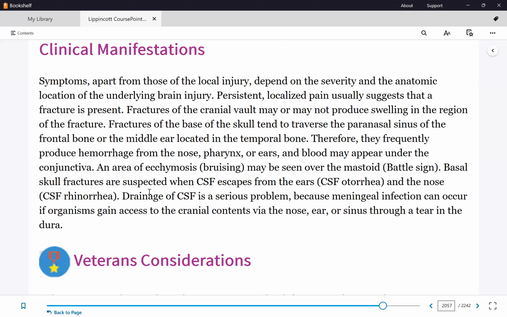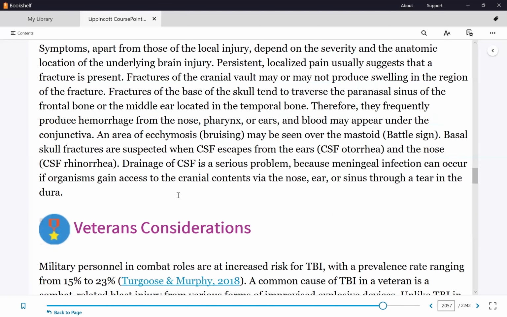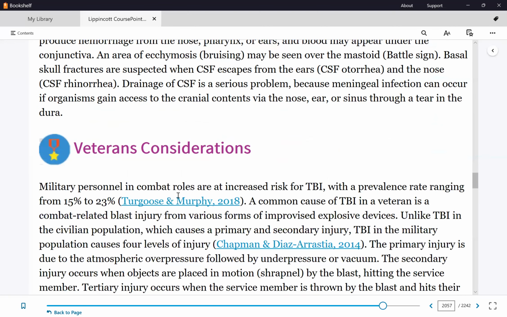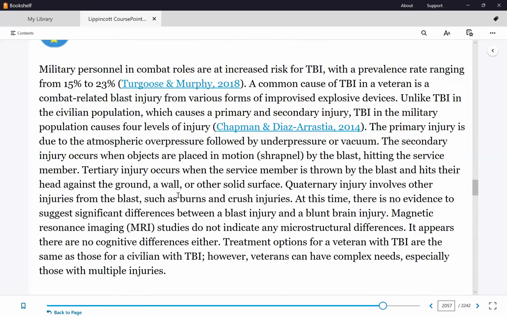So the best way to check whether or not there is CSF is, what is that test again? We do the halo sign. Okay, so you get a clean piece of dry gauze, dab the bloody drainage, and then observe for a yellow ring around the drainage on the gauze. If it appears, then that's a positive halo sign. There is CSF there.